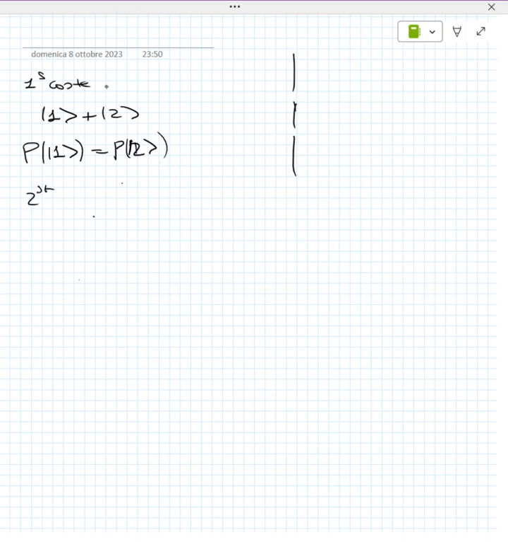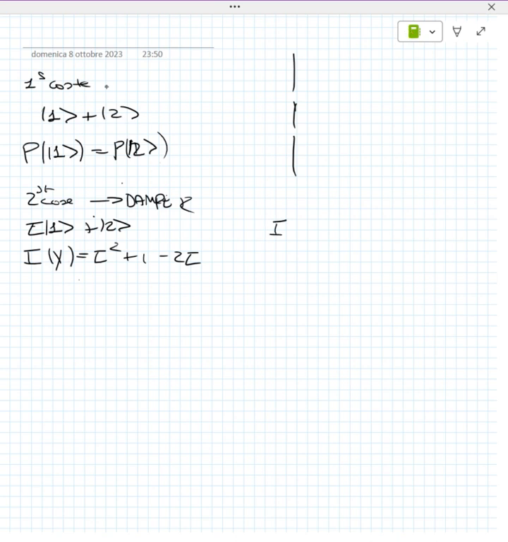Second case, the case of the damper. We say that the damper is on the first slit, so the intensity will be... As we said in the previous video, intensity and probability are linked together because intensity can be viewed as the number of photons.